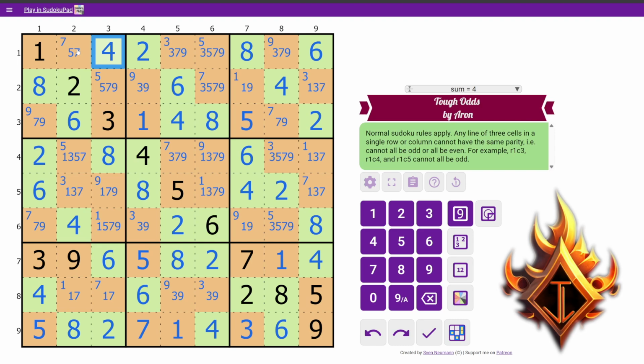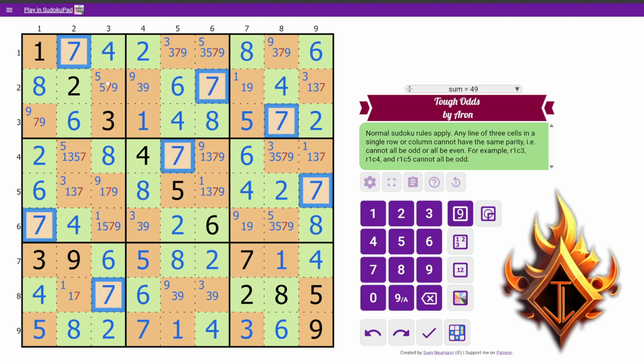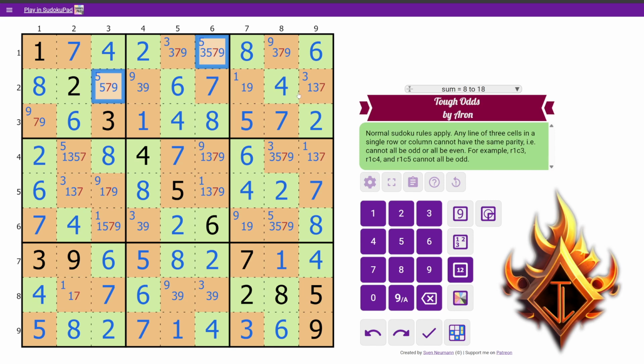So now the ones, we just fill them in. The ones with the highlighted corner 7s are 7s. The ones with the highlighted corner 5 are 5.